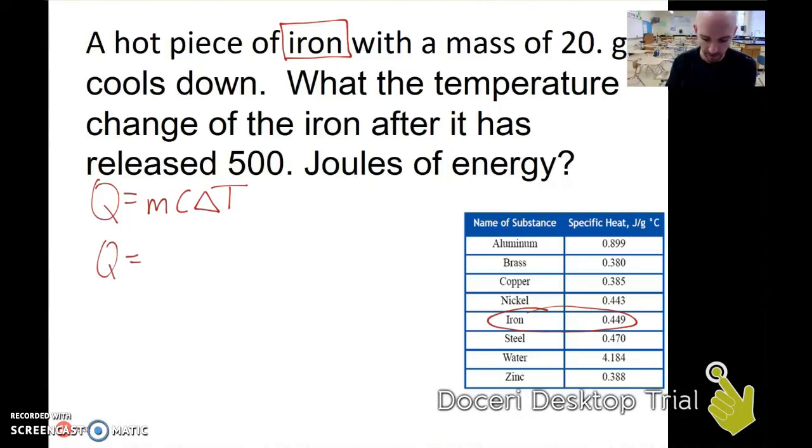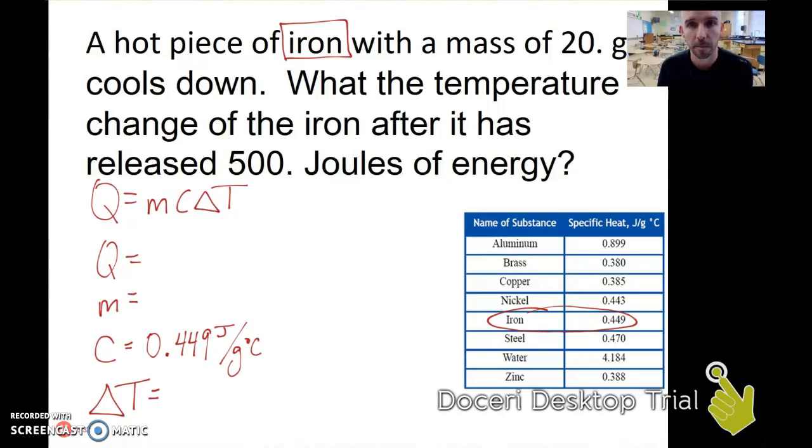So sometimes people like to lay out all of the variables just like this and plug in as they go. So we said we're dealing with iron. So iron has the specific heat, that's C, of 0.449 joules per gram degree Celsius. The problem tells me that I have a mass of 20 grams.